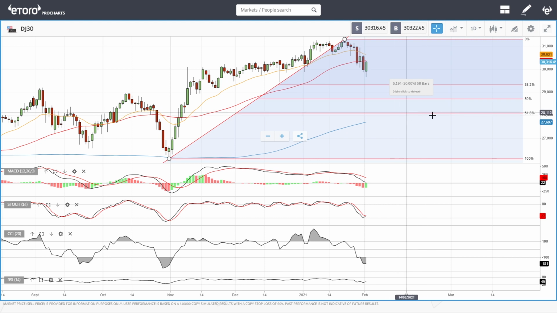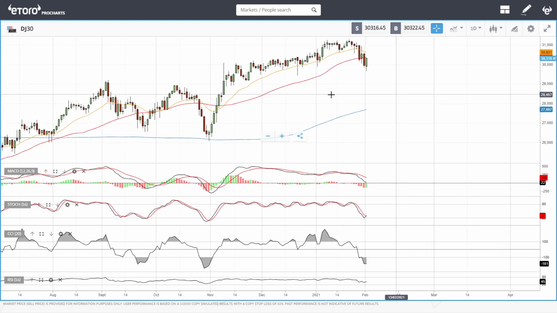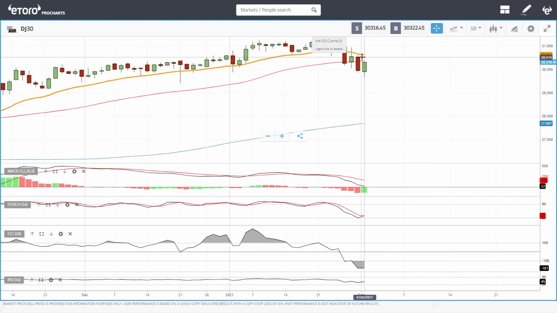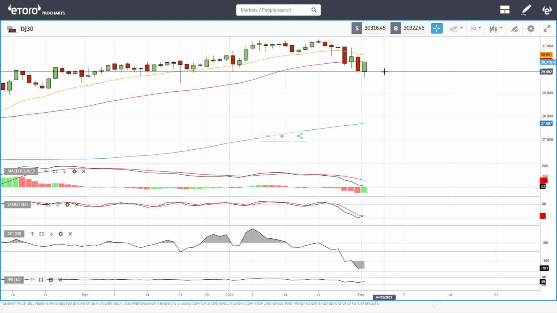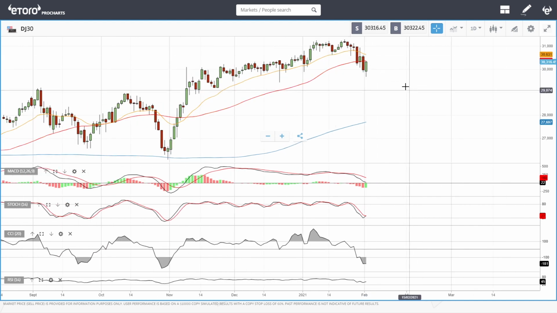That is also possible. We'll see how far we go, but we have also had this massive rally here. So you could see a pullback all the way down to roughly 29,000 and then continue. As long as we're trading underneath the 50 moving average, there's no reason to enter this whatsoever. We need to break above the 50 and the 20 exponential and trade above them, and they need to be support, not resistance as they are at this point.